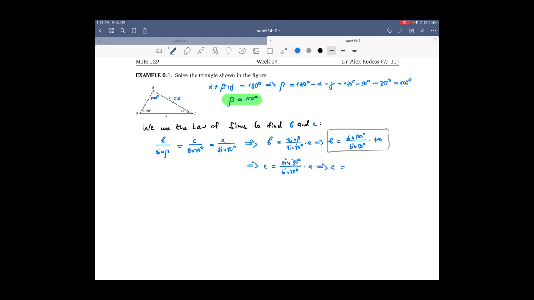So c equals a over sine 30 is 1/2, so this can be simplified. So c equals a over twice sine 50 degrees.